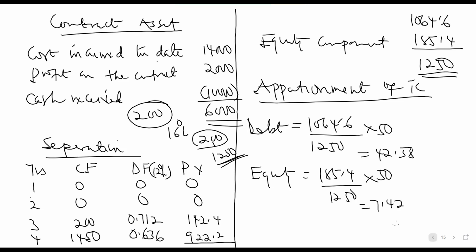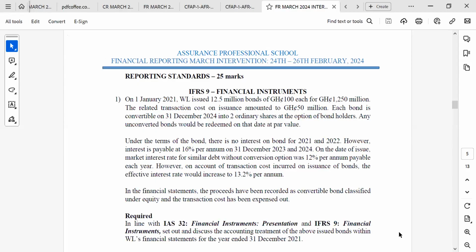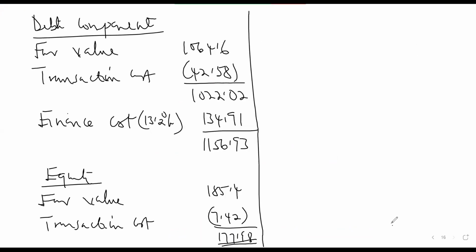Let's pick up. So that is all. They say that in the statement of financial position, you should set out how this will be treated. So you can just put the extract there for them, or you can just explain that the finance cost of this one should be taken to profit or loss, whilst the convertible instrument should be separated, should be split. 1156.93 should be shown in the statement of financial position for this year, and 177.98 should be shown as other component of equity in the statement of financial position.